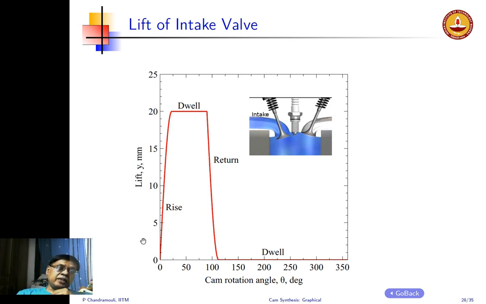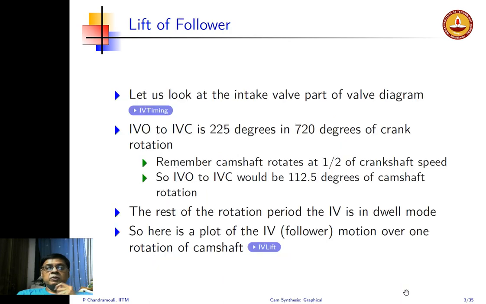I could have a straight line. In this particular case, this is 0 to about 22.5 degrees. We can take whatever the rise rotation can be. So it could be a straight line, it could be a parabola, it could be a sinusoidal curve, it could be anything. So there are many possible profiles that you can fit. We will talk a little bit about that.